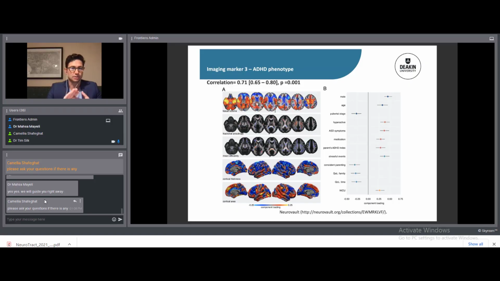Inattention was still significant, but it didn't reach 0.001, which was the cutoff for our graphs here. You're more likely to have autistic symptoms. You're more likely to be medicated, more likely to have had stressful life events, less consistent parenting and less family quality of life, as well as you're more likely to have spent time in a neonatal intensive care unit as a baby.